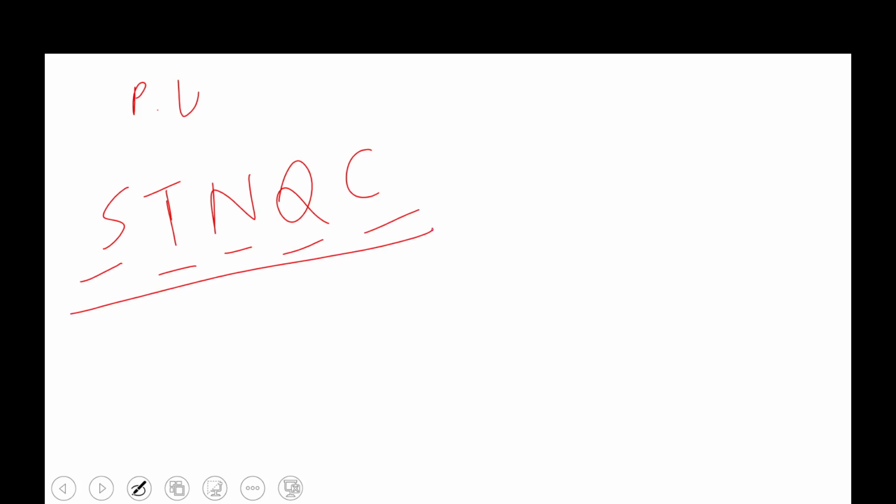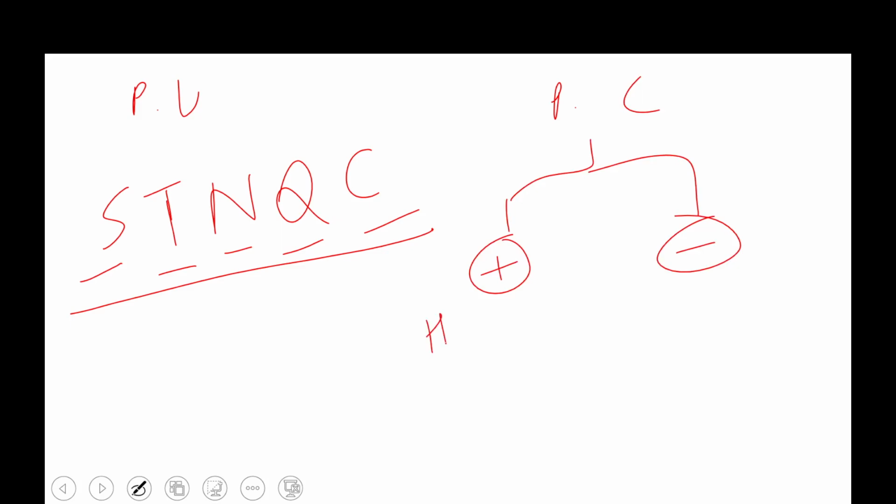And we have polar charged. There we have positively charged and negatively charged. We have histidine, lysine, and arginine. Sorry, it is lysine. So these three.